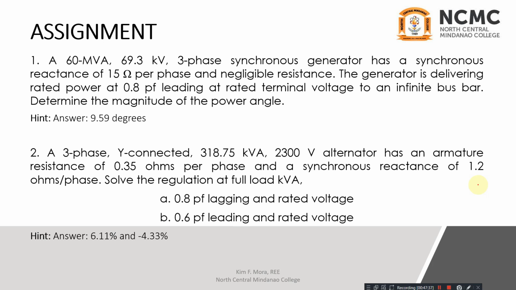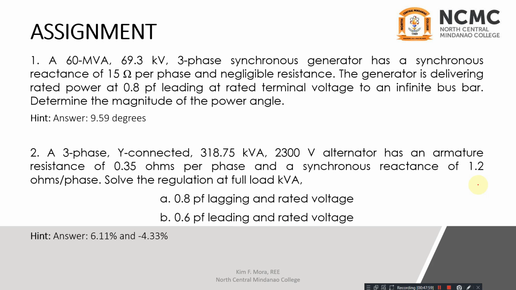Next is number 2, a three-phase Y-connected 318.75 kVA 2,300 volts alternator has an armature resistance of 0.35 ohms per phase and a synchronous reactance of 1.2 ohms per phase.